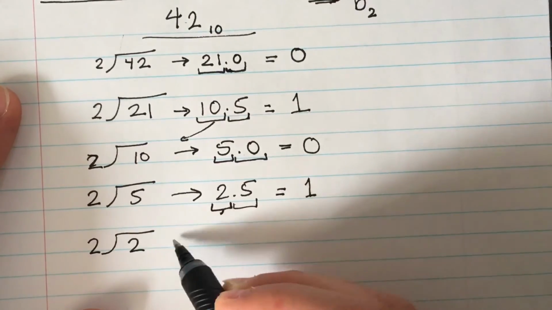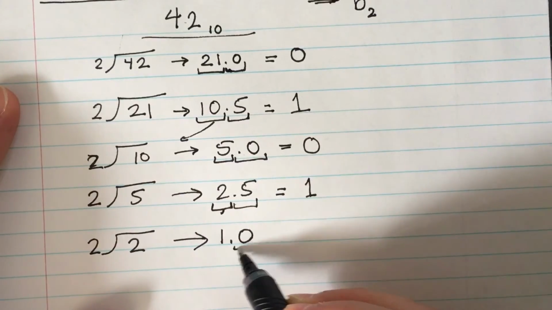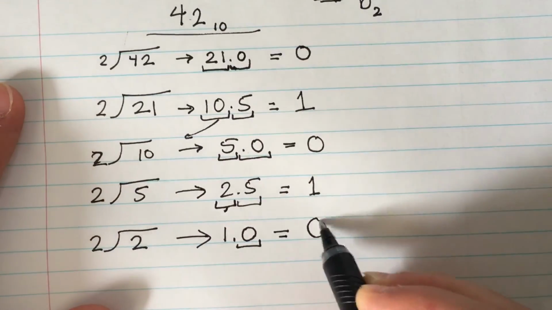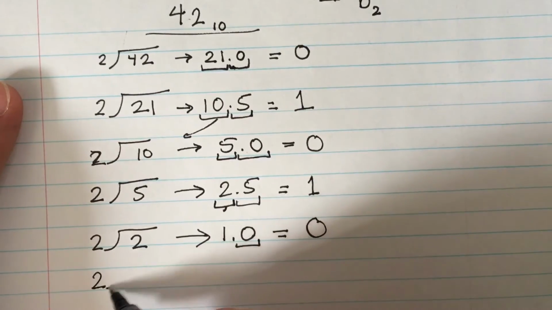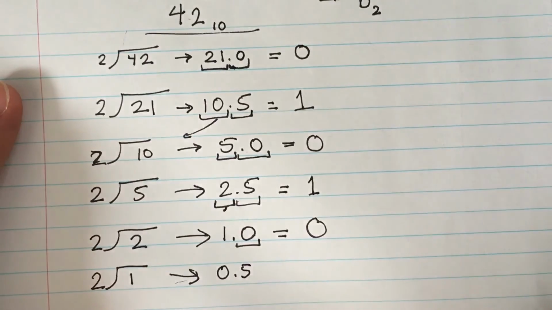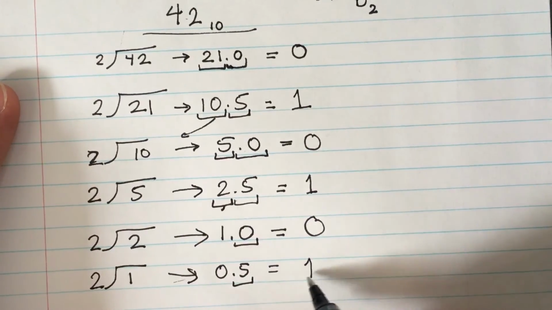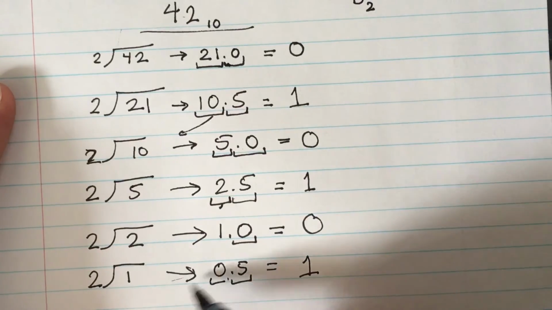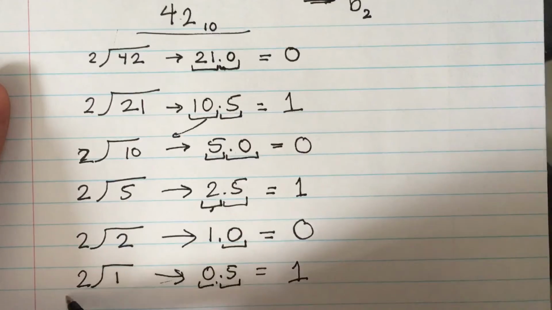So now we have 2 divided by 2, and that is 1.0. 2 times this 0, we get 0. And then the 1 just gets taken down. 1 divided by 2 gives us 0.5. 2 times this 0.5 is 1. And this 0 gets taken down, but dividing 0 by a number is always going to give us 0, so we just stop right here.